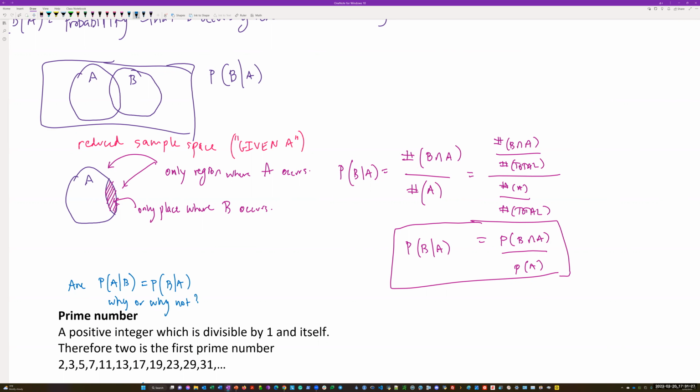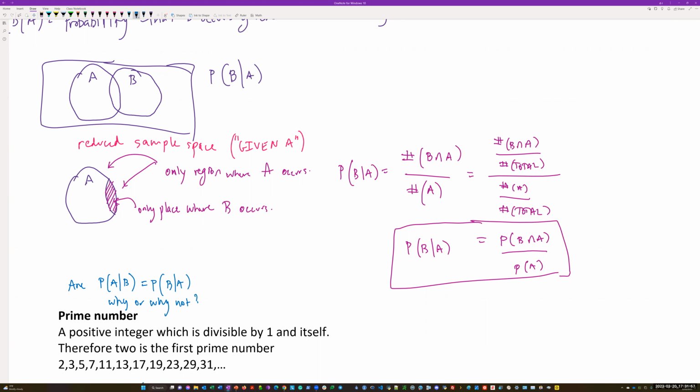All right, but are these two things equal or not? Why or why not? If they're saying, what's the probability A happens given B happens?